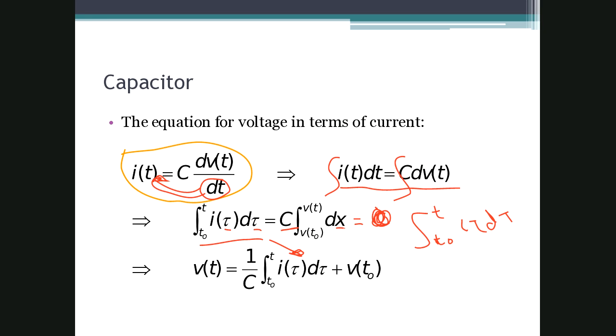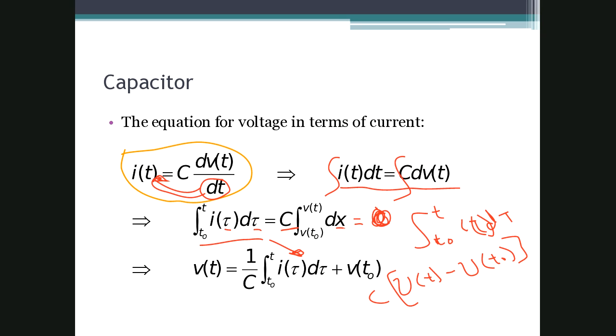So we haven't done anything with that, but we integrate the other side, v naught from v(t0) to t, which gives us dx, which actually gives us v(t) minus v(t0). All of this multiplied by the constant C.